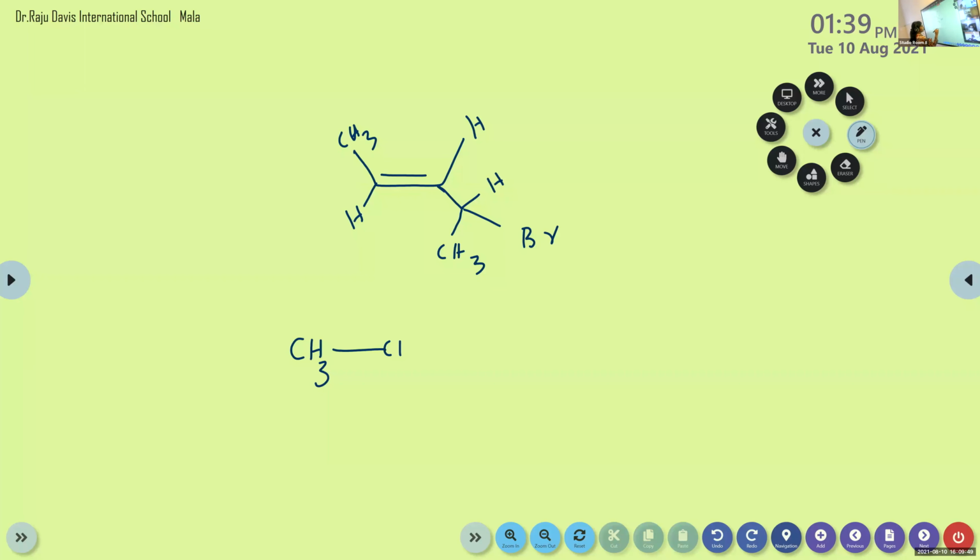Then one CH group is there. Double bond is there. Then again CH. Then CH3, Br. This is the straight form of this same question. And also some type of questions like this.